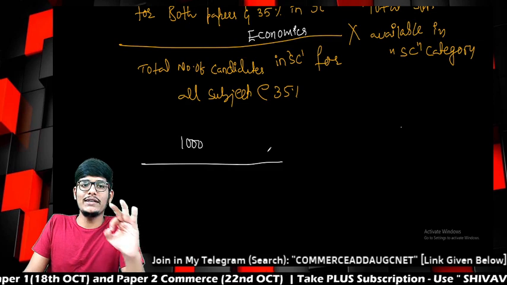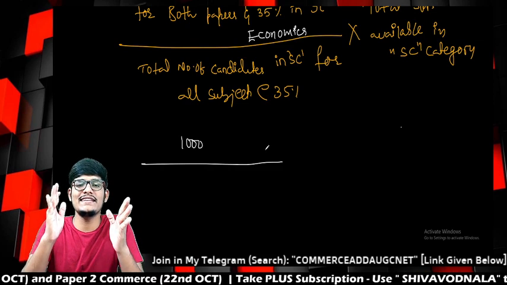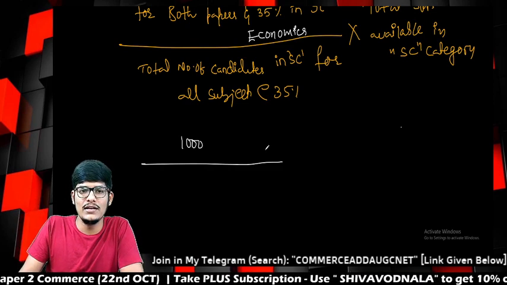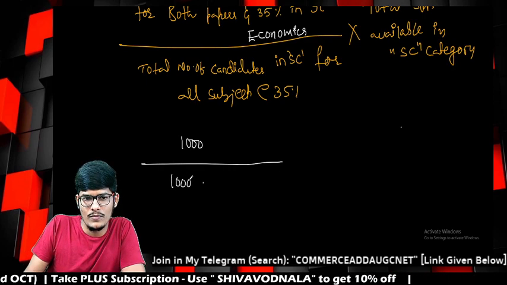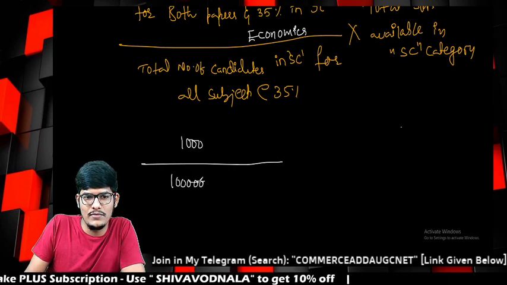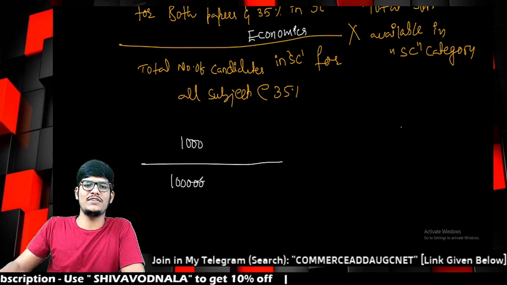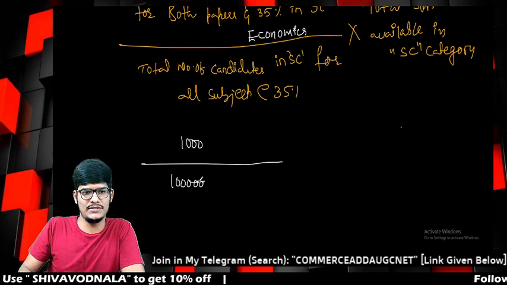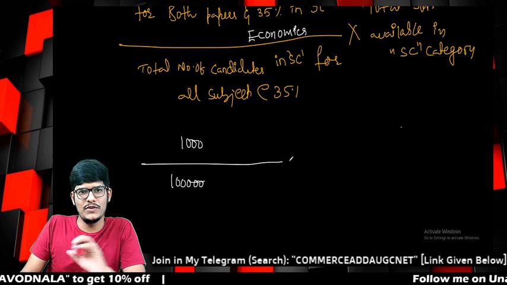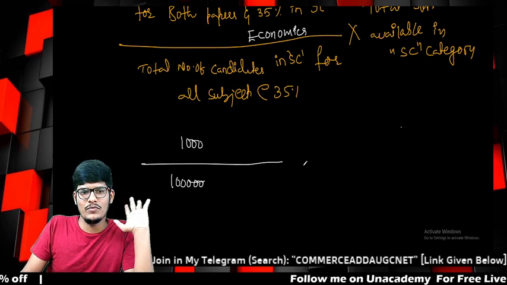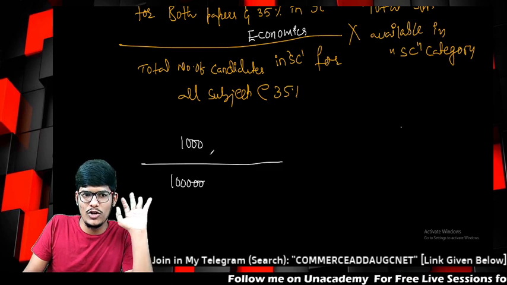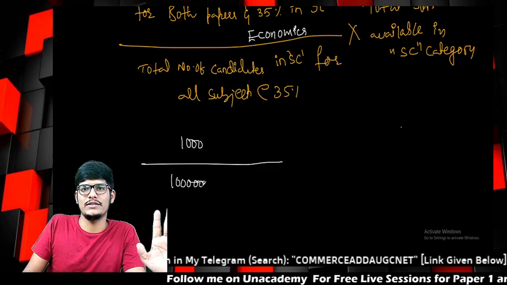Divided by total number of candidates in the SC category who qualified with 35%. Assume those are 1 lakh, in the total of all subjects of SC people with 35%. Right? 1,000 only for economics, 1 lakh is for all subjects.